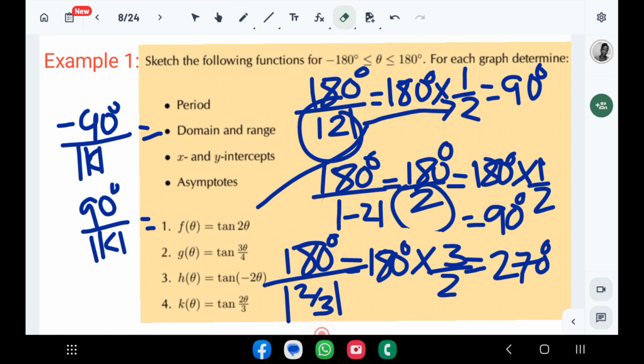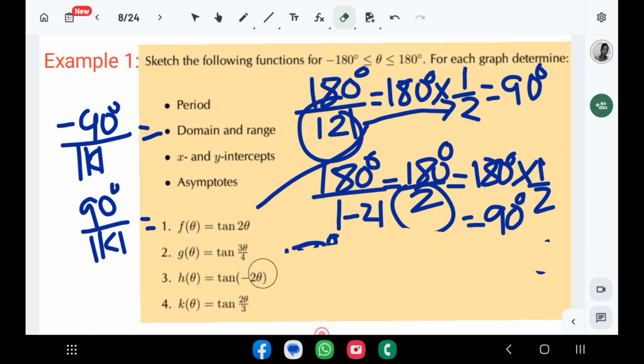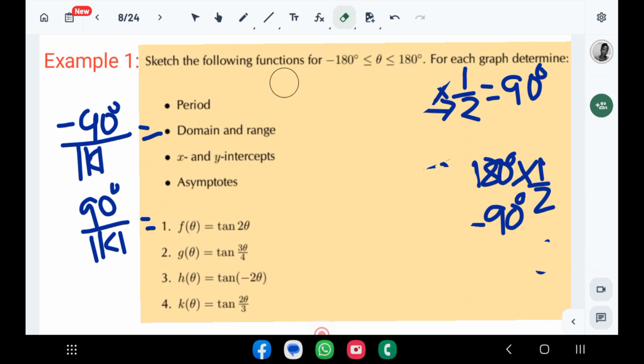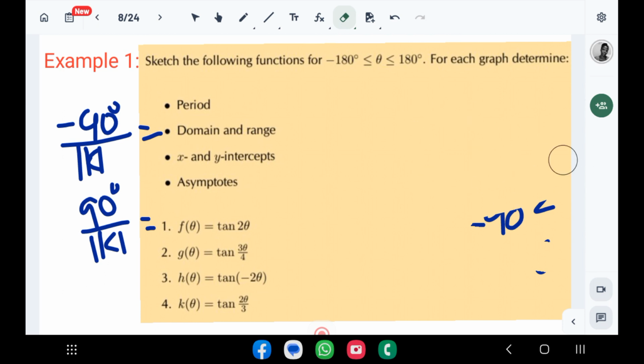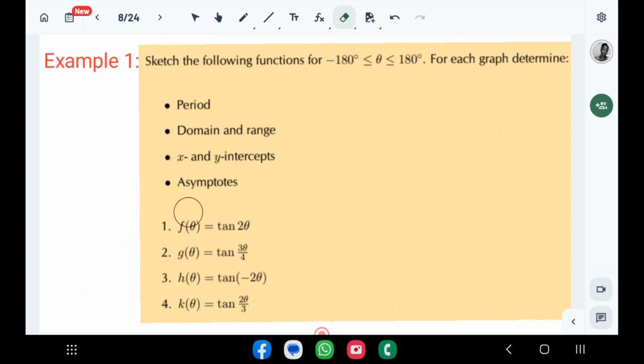Now, to save time, I've drawn all this and collected them in a table. I've done it for each and every one of these functions. All of the characteristics are now put in a table in the next slide.